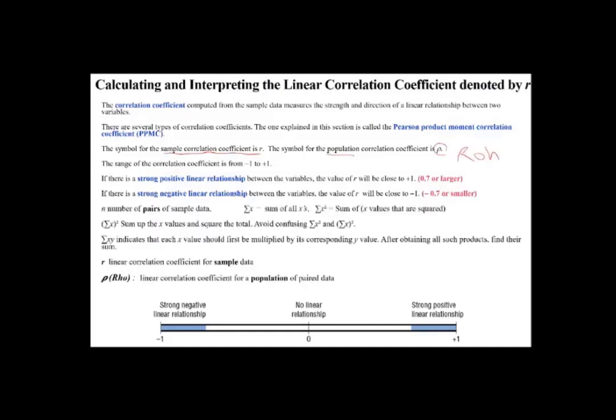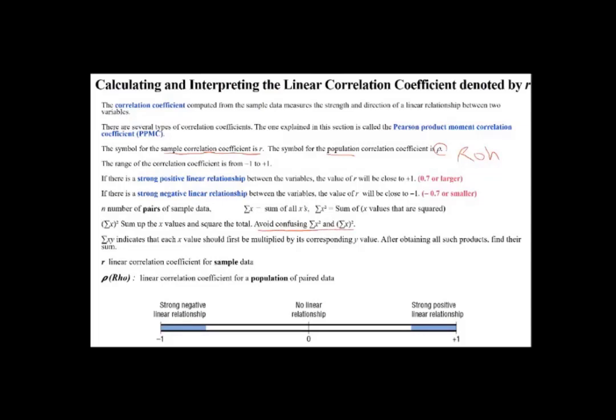These are just symbols. n is the number of pairs, summation of x is the summation of all x's, summation of x squared is the sum of x values that are squared, and summation of x quantity squared means add them up and then square. We want to definitely avoid confusing these two, because I've seen that sometimes students don't distinguish between the two, okay?